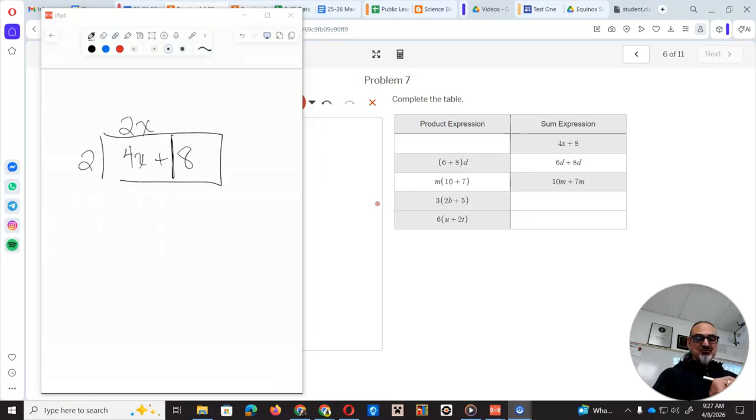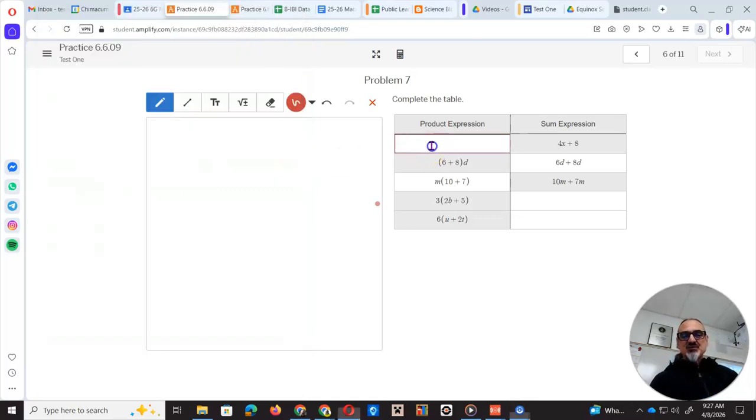And 2 is a perfect number to have here, because 2 times 4 equals 8. So look what that gives me. That gives me 2 times (2x plus 4), and that is also equivalent to 4x plus 8. So this is what we call equivalent expressions. So then on this one here, they can put either expression as their answer.